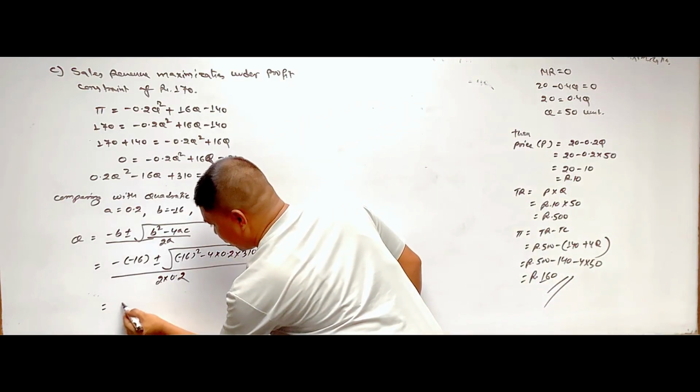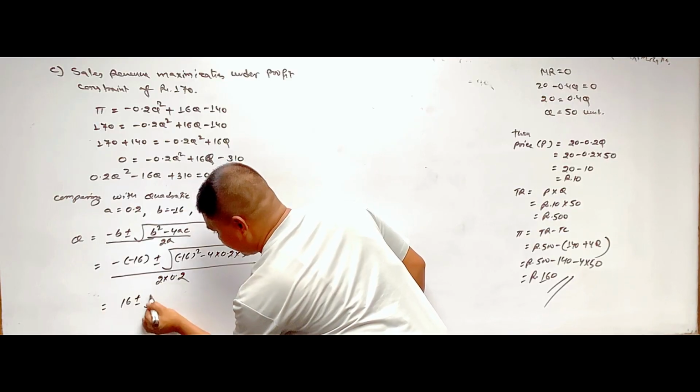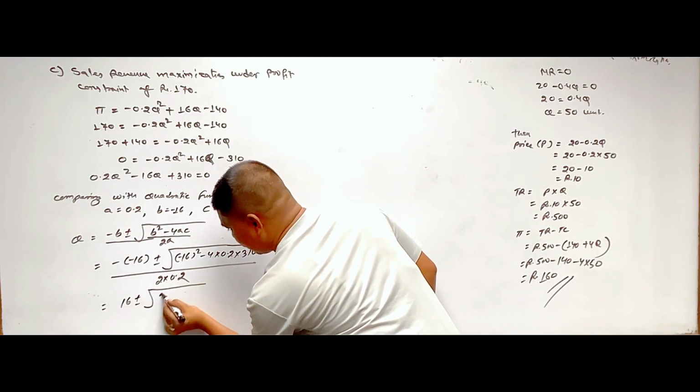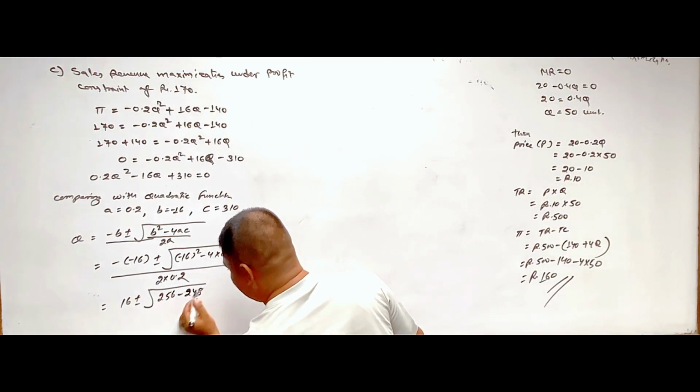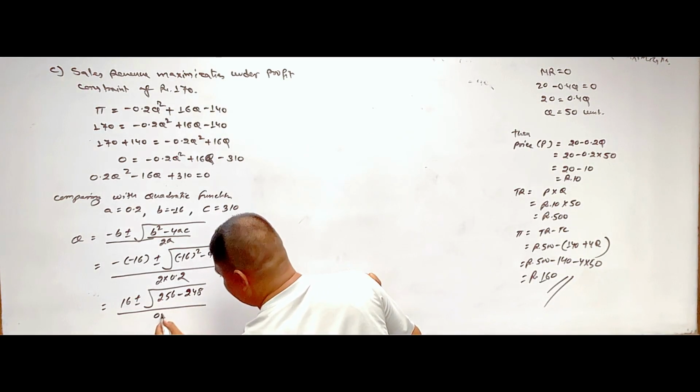Then 16 plus minus root under 256 minus 248 divided by 0.4.